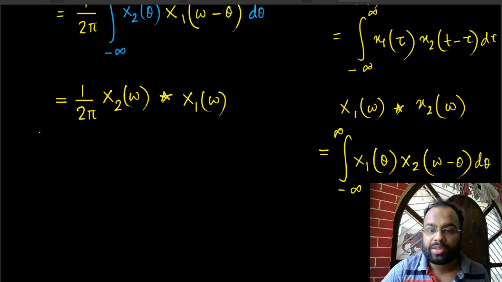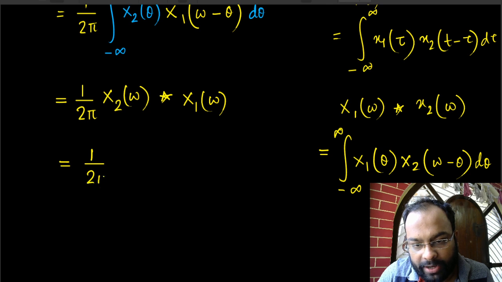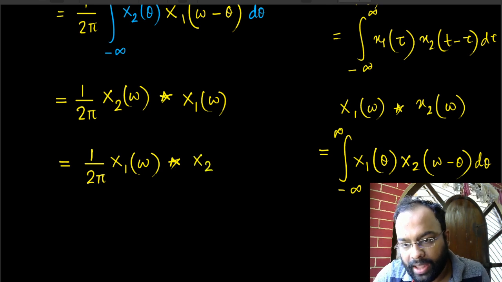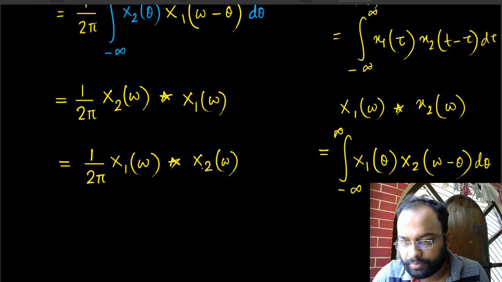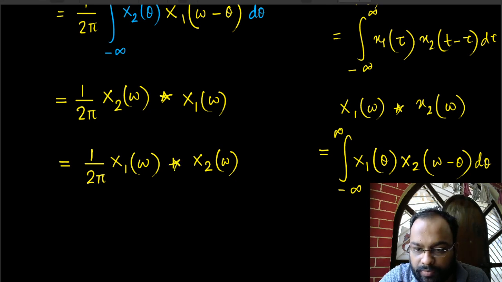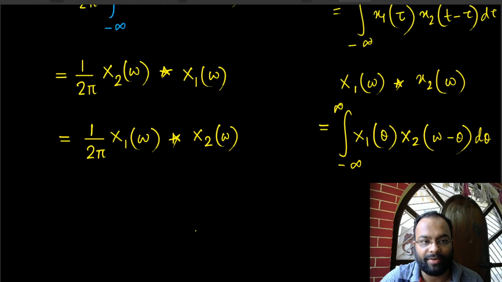But since convolution is commutative in nature, I can write 1 by 2 pi X1(omega) convolved with X2(omega). And what is the significance of the commutativity of convolution? We discussed that in the earlier class on convolution. Right, so that is what we have here.